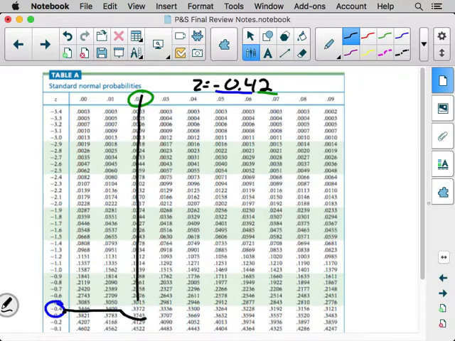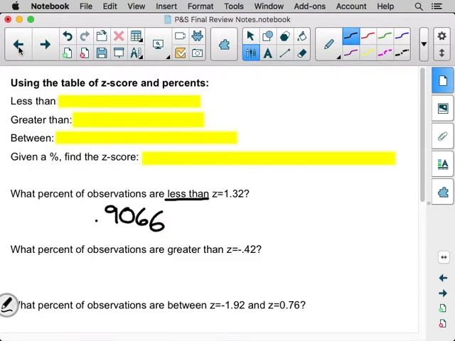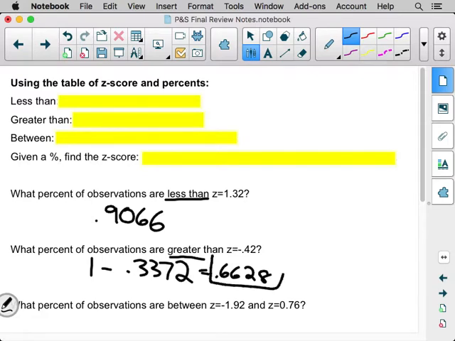And here they meet at 0.3372. Now the catch is because it's a greater than circumstance, remember that means you need to take 1 minus what the table gives you. So 1 minus 0.3372 gives 0.6628 as your final answer.